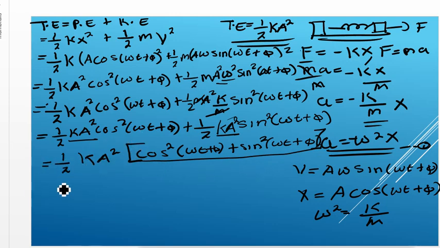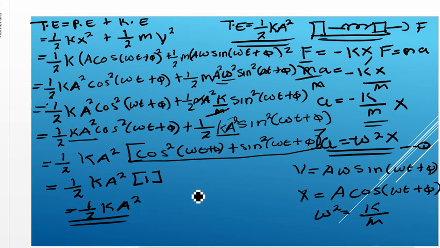So this simply means that we're going to have 1 over 2 k A squared times 1. Therefore our total energy is going to equal 1 over 2 k A squared. So this is just the formula for the total energy. Make sure that you remember this formula. It's very simple.